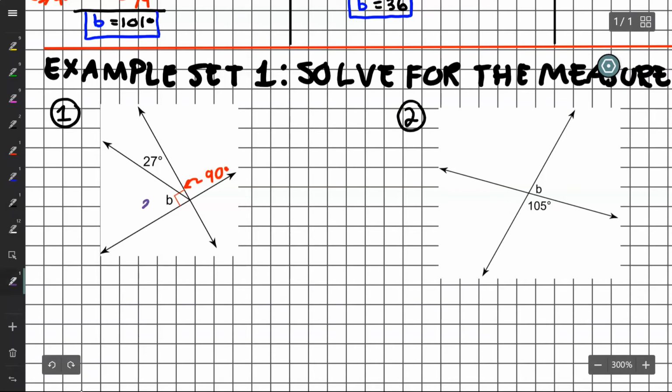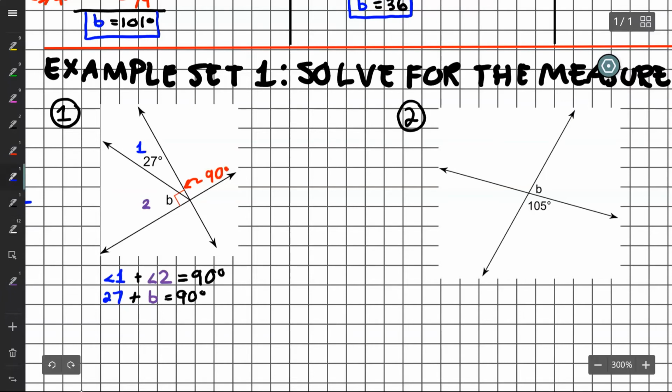So I'm going to label those as angle 2 and angle 1. So if they're complementary, I know that angle 1 plus angle 2 is going to give me 90 degrees. So I'm going to substitute. I have 27, which is angle 1, plus B, which is angle 2, equals 90.